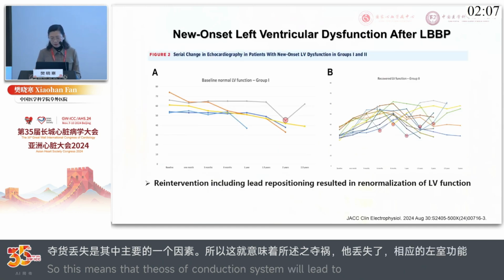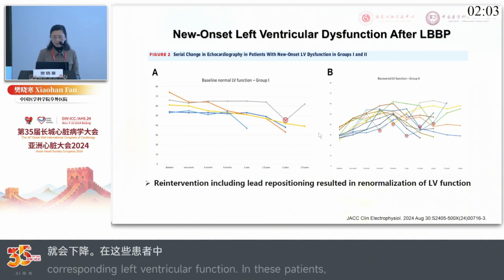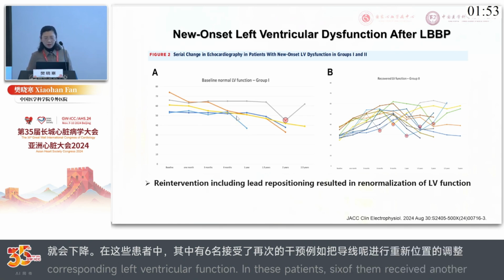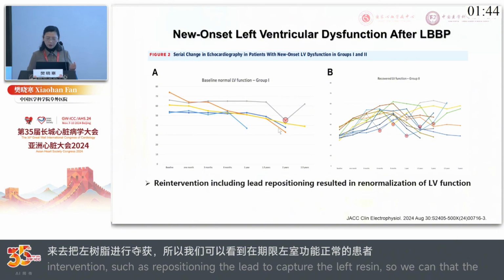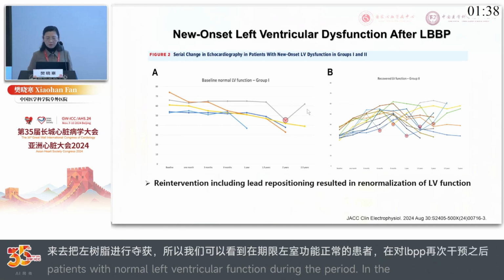In these patients, they have 6 patients to receive the re-intervention to reposition the lead to capture the left bundle branch. So you can see even in patients with baseline normal LV function, after the re-intervention of LBBP, the LV dysfunction was improved in this patient.